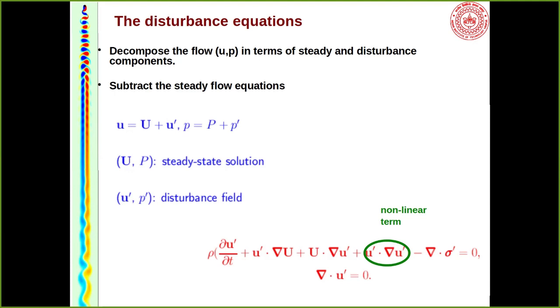I am interested in looking at disturbances that are very small. So U prime is very small, and this term would be of the order of U prime squared, so it's even smaller, and therefore it doesn't contribute much when the disturbances are small, and I can get rid of it. When U prime becomes large, then of course I don't have that luxury. And same thing with the other term.